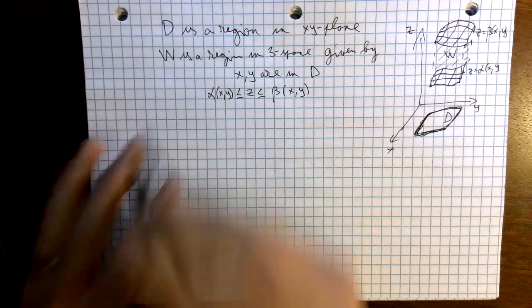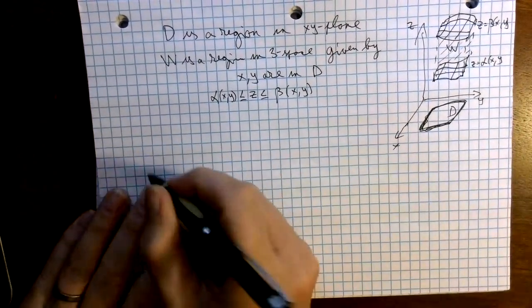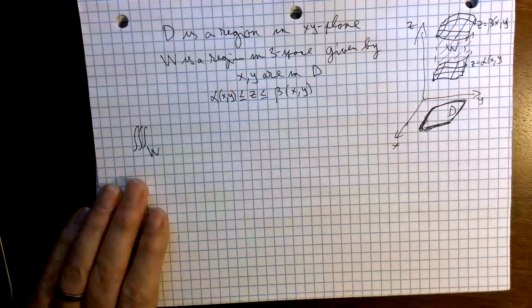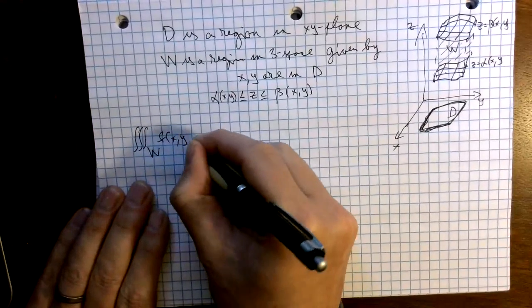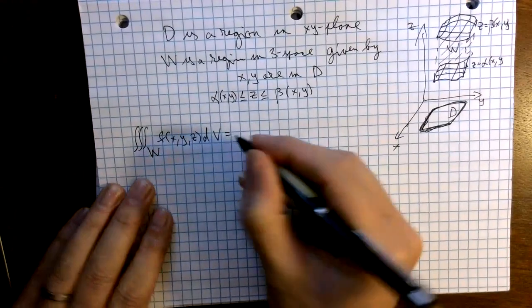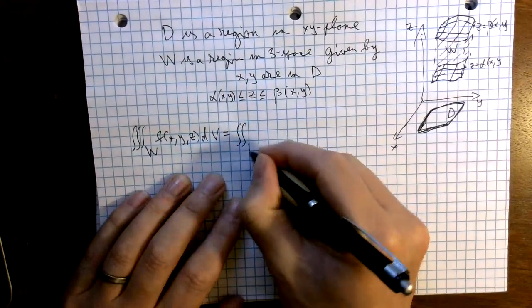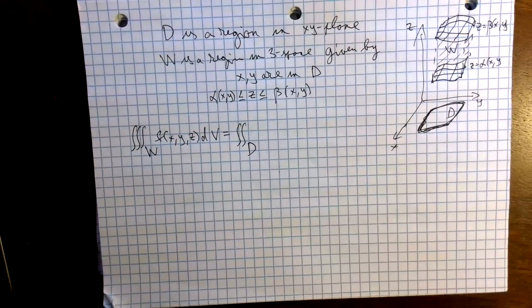So if I have a region given like this, then the way that we integrate is very similar to before. The way that we'll do it is we'll split it up. We'll integrate over the domain, but what do we integrate? We integrate from alpha to beta, right?